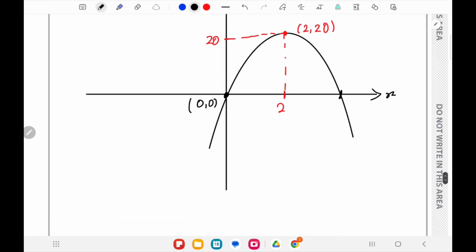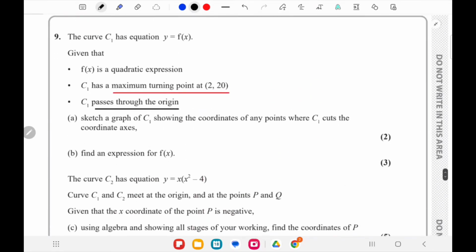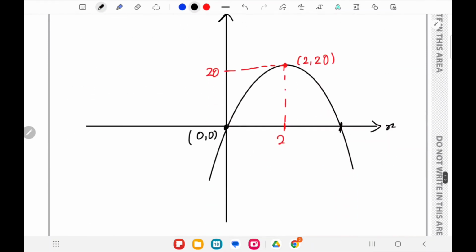We have to find the coordinate of this point as well. We can use the fact that quadratic graphs are symmetric around the maximum point. So this has a distance of 2, so this will also have a distance of 2. So this point over here will be (4, 0). So we'll have to use symmetry here.